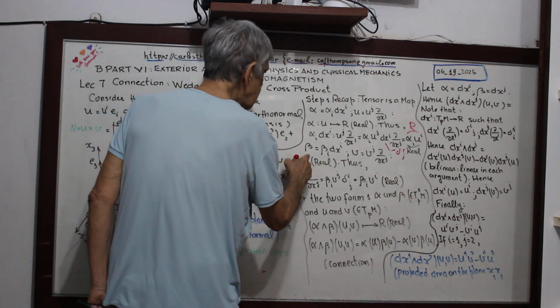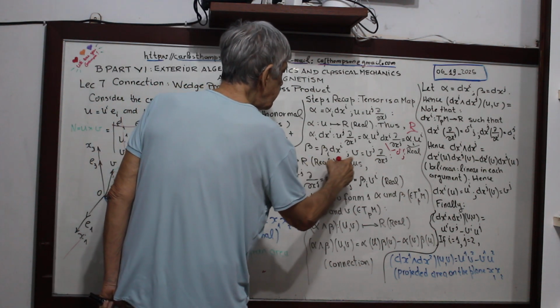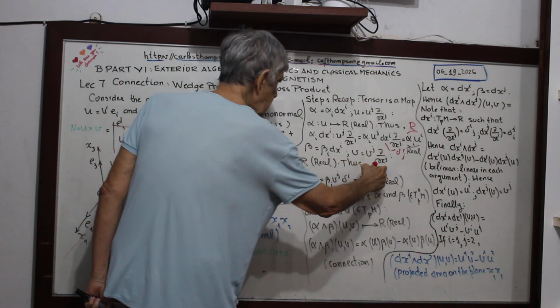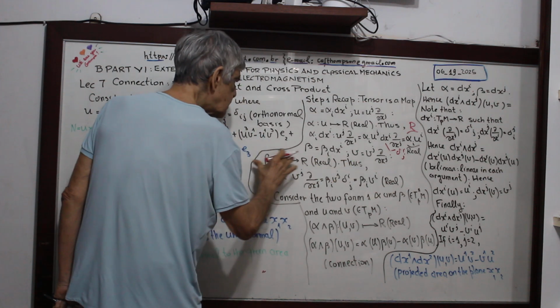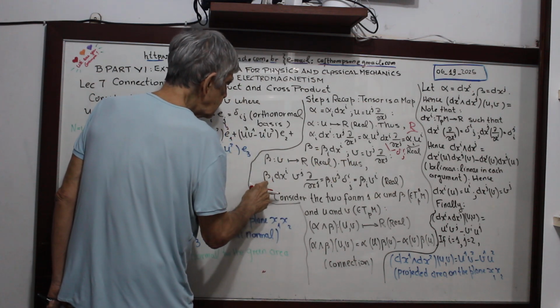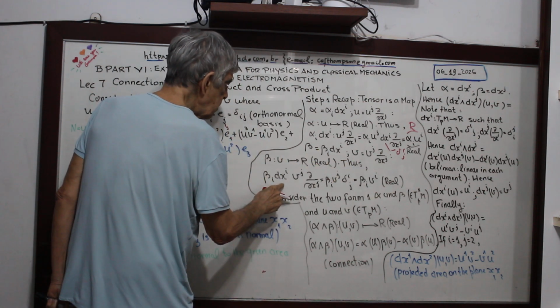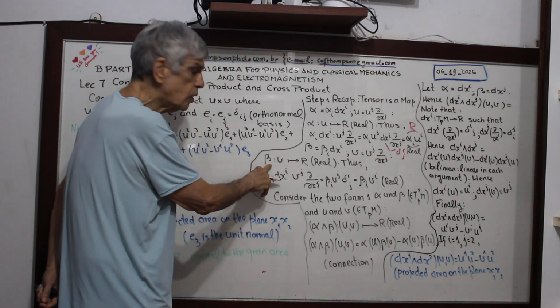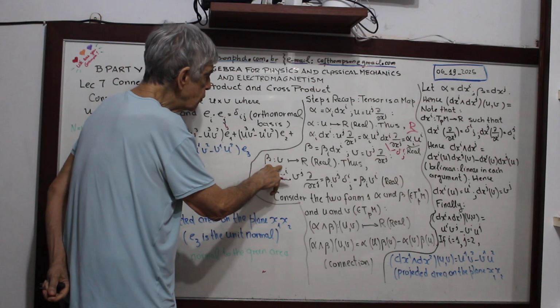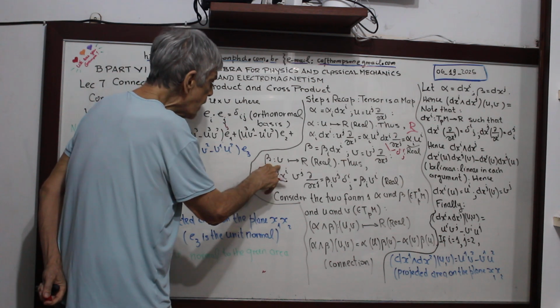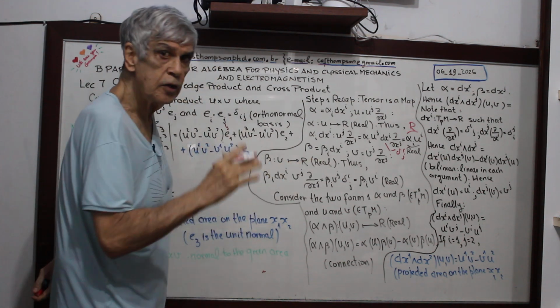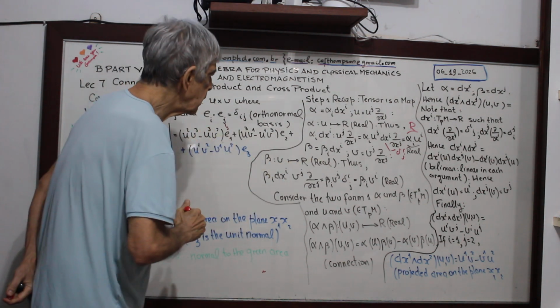Now, beta is b_i dx^i, and the vector V^j partial x_j is the same. You see, this is a map. Beta belongs to the cotangent space, V to the tangent space. It acts on V and leads to a real number, by the definition of a tensor.